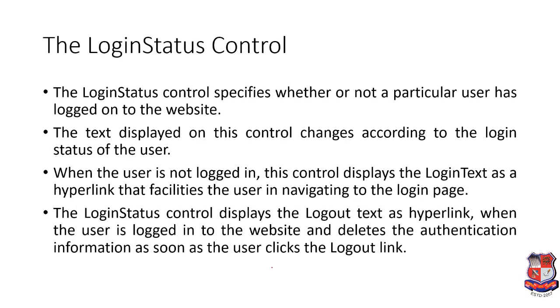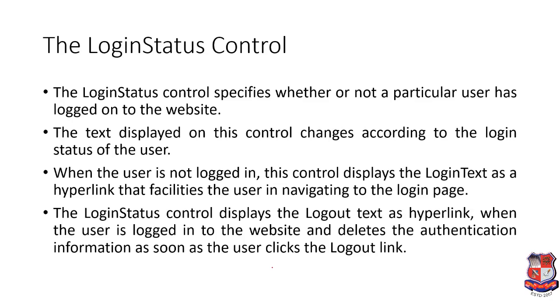Now we'll start our next control, that is the login status control. The login status control specifies whether or not a particular user has logged on to the website. The text displayed on this control changes according to the login status of the user. For example, we have many a time experienced a control like login.